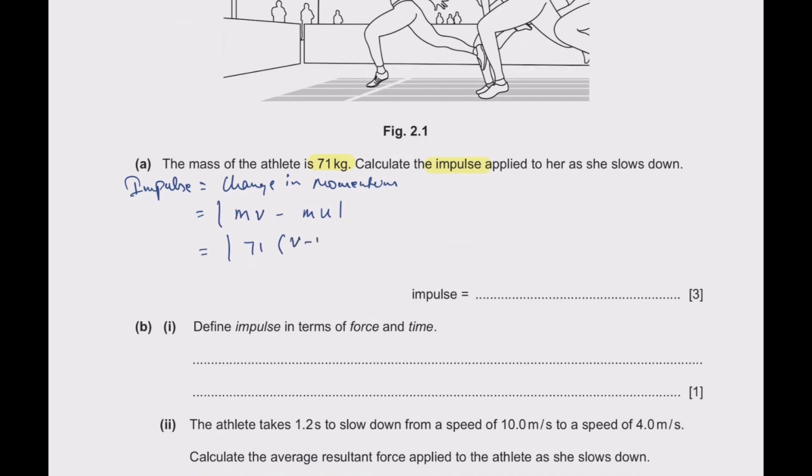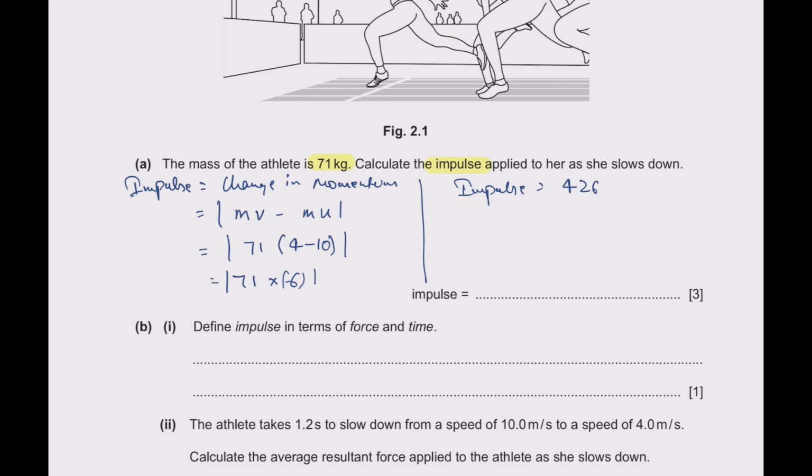So 4 minus 10, so that is 71 into 6. We are taking the mod, so no need of having the sign. If you calculate this, you will get impulse: 71 into 6 is approximately 426.